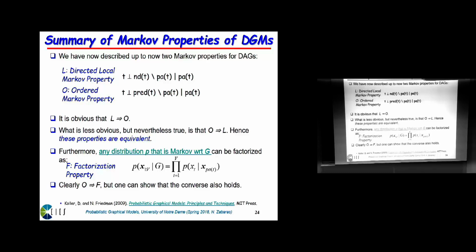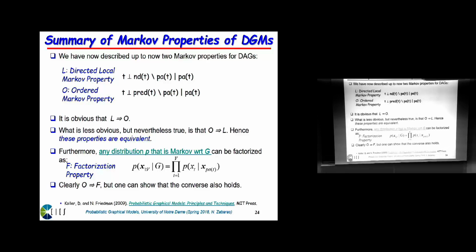And so this is called the directed local Markov property. This is called the ordered Markov property. You can appreciate why it's ordered because, in essence, these nodes have numbering that is before the number of the node, right? We have a topological order.